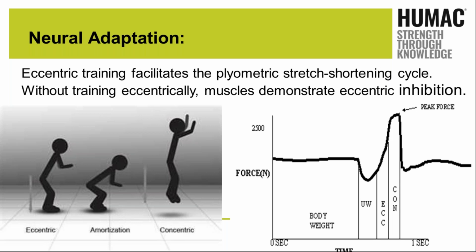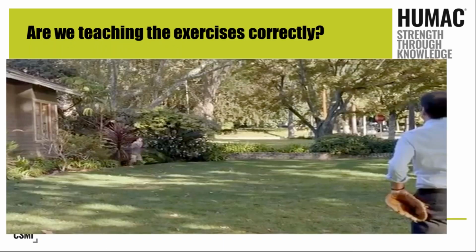So the eccentric training facilitates that stretch shortening cycle. Without training eccentrically, they kind of just demonstrate an eccentric inhibition. So what they talk about is that a concentric contraction that was immediately preceded by an eccentric contraction increases the potentiation of that contraction. You actually develop a stronger contraction concentrically.